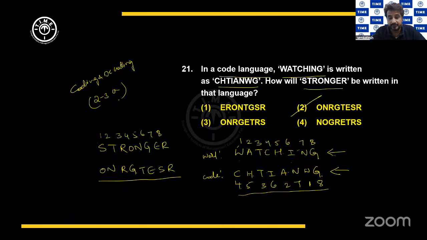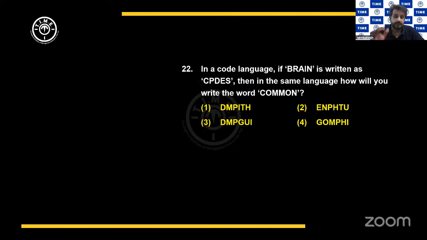Let's see the next question. In a code language, brain is written as CPDES. Then in the same language, how will you write the word common? Let's check it.